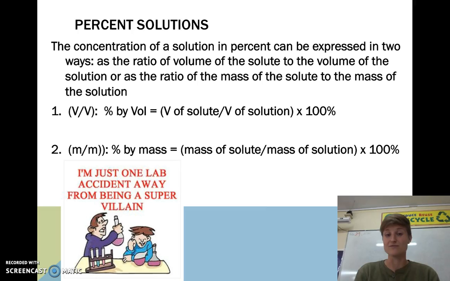You take the volume of the solute, divide it by the volume of the solution, multiply it by 100%, and you get your percent by volume. Then for mass, you have your mass of the solute divided by mass of the solution, multiply all of that by 100%, and you get your percent by mass.